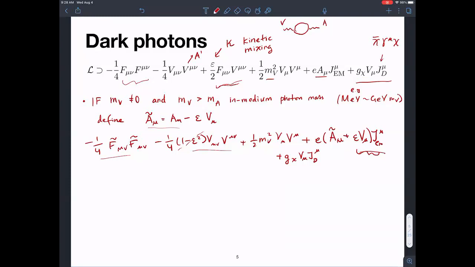So you motivated this change of basis by saying this MV is greater than the photon mass. But couldn't I have just made this change of basis regardless of the mass splitting there? Right. So let me actually do the next case now where the dark photon is lighter than the photon mass. And we actually want to do a different rotation in that case.